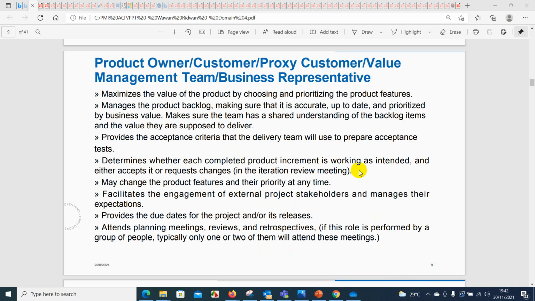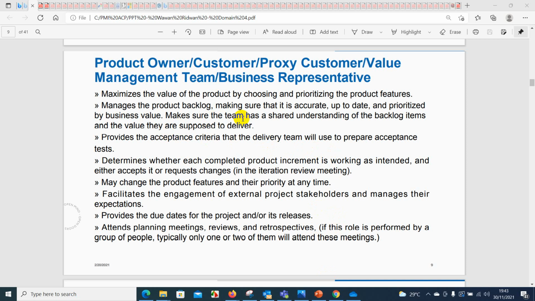Product owner, maximize the value of the product by choosing and prioritizing the product features. Terus juga manage the product backlog, making sure that it's accurate, up to date, and prioritized by business value.